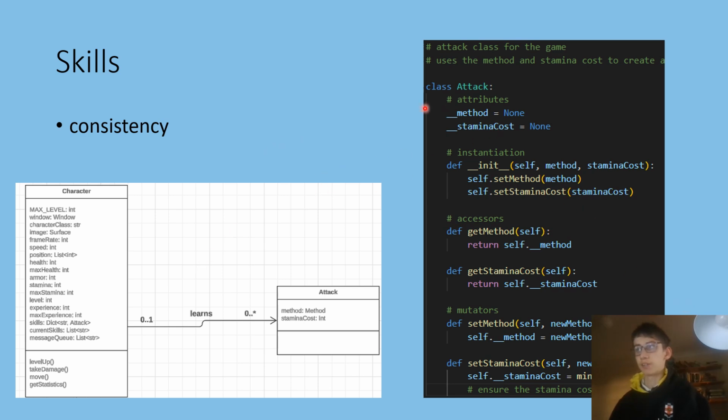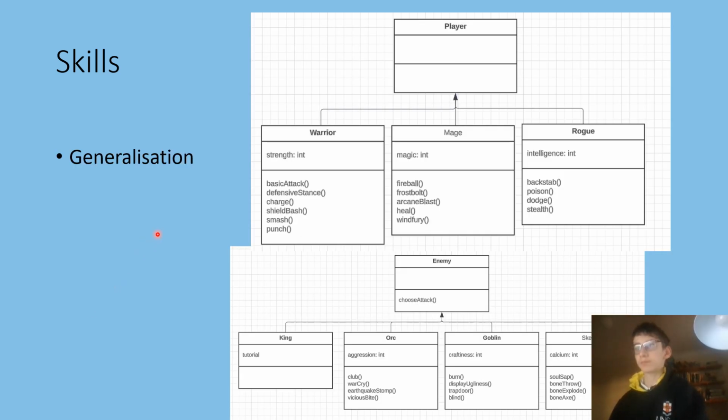These allowed an efficient allocation of methods and stamina costs to be retrieved, and the generalization of the skills allowed each of the things that were common, being the skills within the characters, to be inherited by the players and enemies, and then each having their own particular methods.